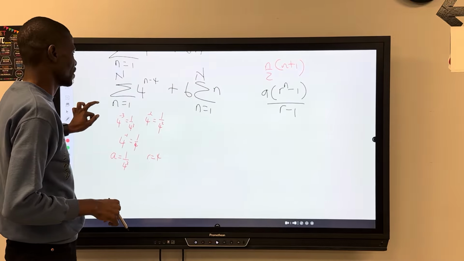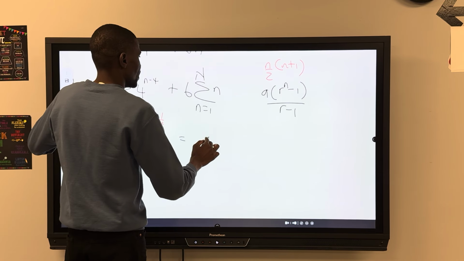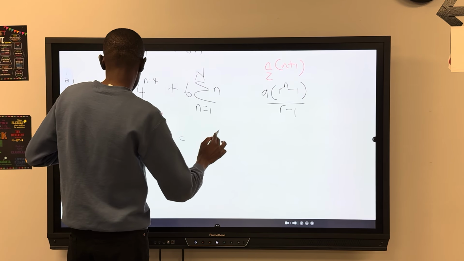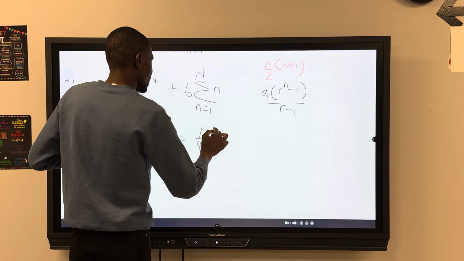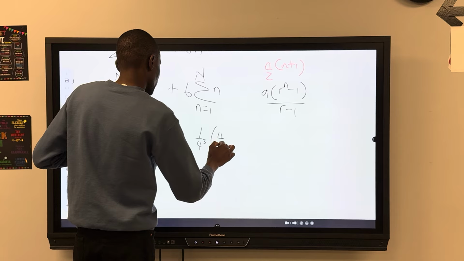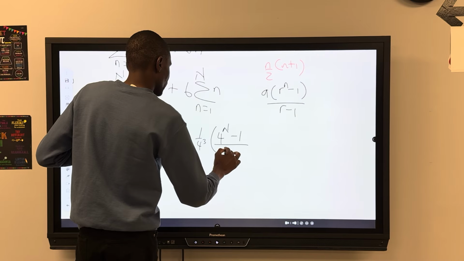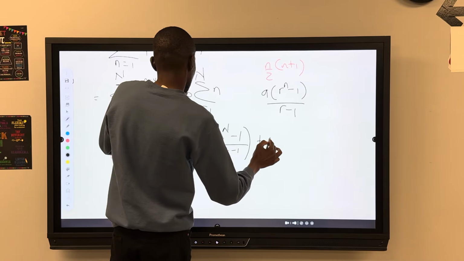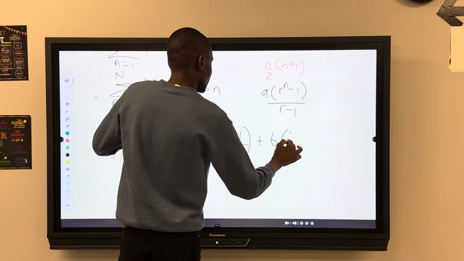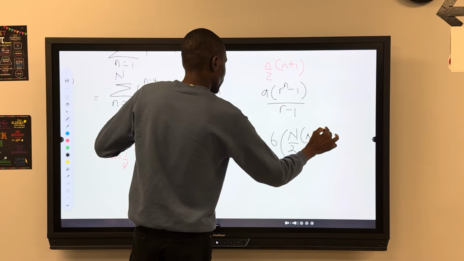So now let's do it this way. a is 1 over 4 cubed, then r is 4, so we have 4 to the n minus 1 over 4 minus 1, plus 6 times n over 2 of n plus 1.